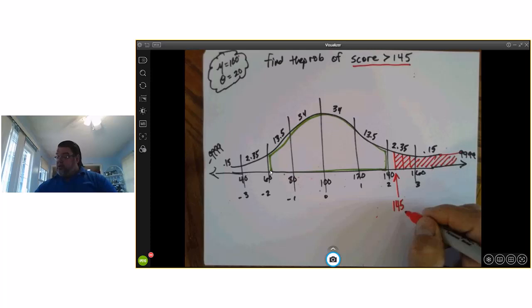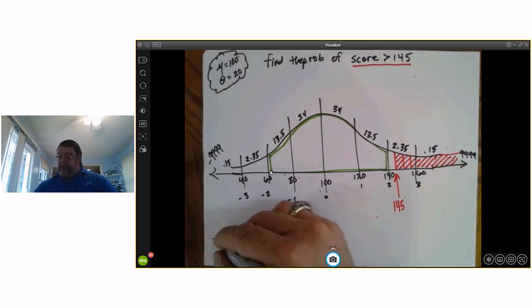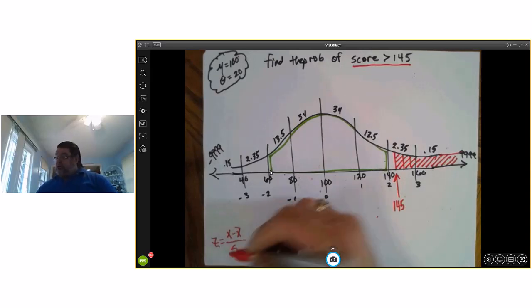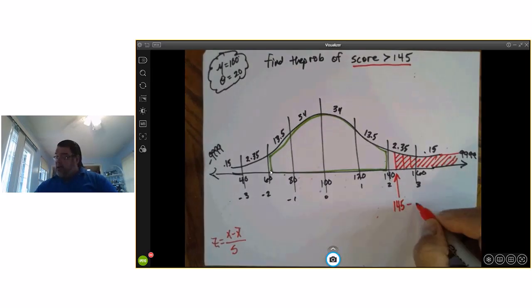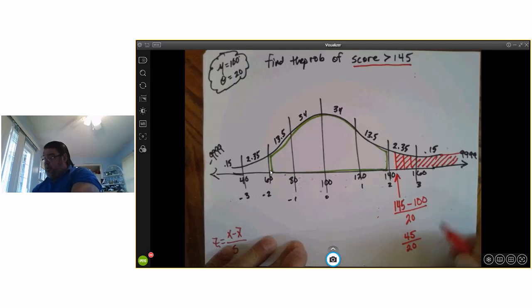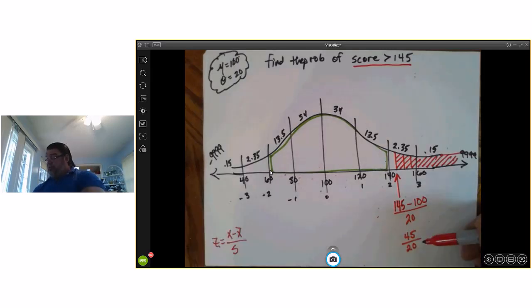So 145, the z-score formula, z is equal to x minus x bar over standard deviation. So x minus x bar over 20. So that's going to equal 45 over 20. Well, 20 will go into there 2 times, right?